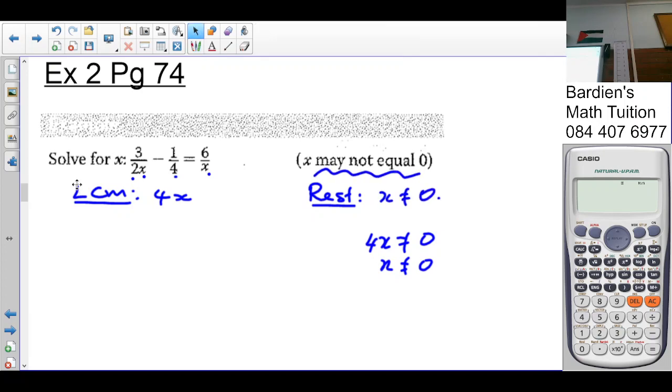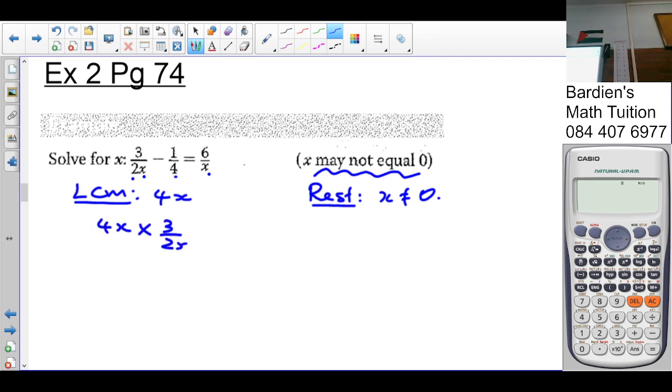Okay. So let's see what we get. The rule says you want to multiply each fraction by the LCM or LCD. So it's 4x times 3 over 2x minus 4x times 1 over 4 equals 4x times 6 over x. So what we do is this, naturally over 1, over 1, over 1.